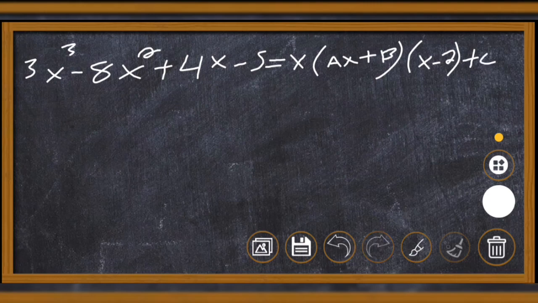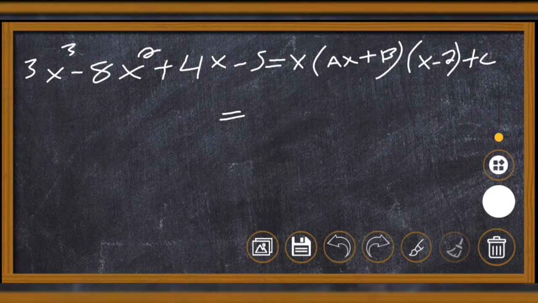The only thing that we need to do here is expand this part. When we expand it, we then compare with the values that are here. So our main focus for now will be on the right side. Let's expand this side. Here we have x multiplied by ax.